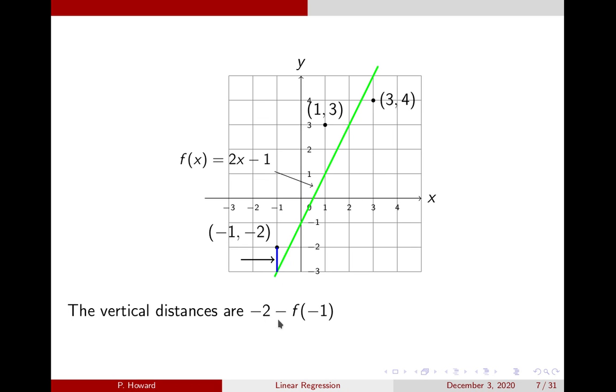We're doing -2 minus f of -1. If we plug -1 into the formula for f, we get 2 times -1 minus 1. So we'll be taking -2 minus a minus 3. And -2 minus a minus 3 is 1.